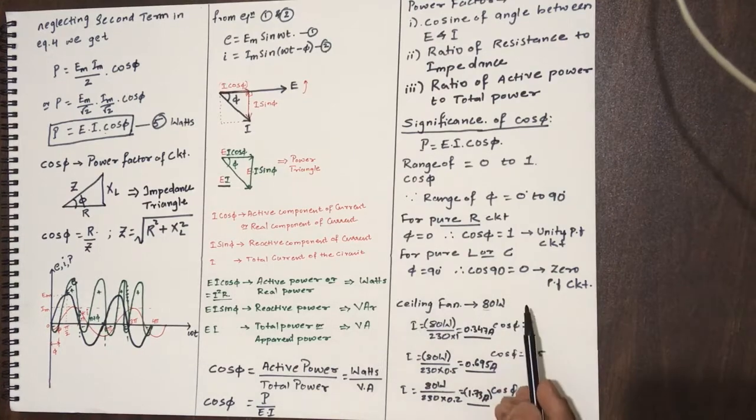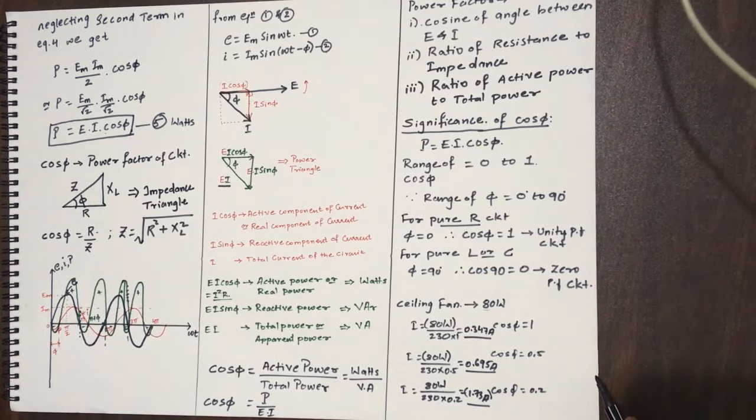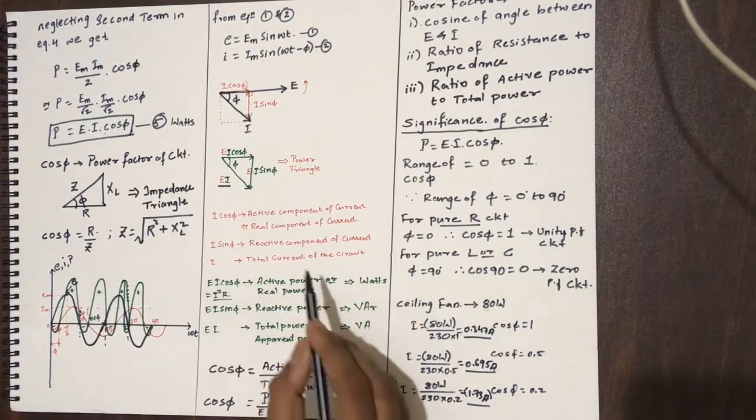So this is the analysis of the RL series circuit. Hope this lecture has helped you in understanding the nature of the RL circuit when connected to an alternating current source, what power factor is, and what the significance of power factor is. Also the various phase relations between the voltage and current, and the various powers existing in an alternating current system. These powers collectively exist in the same system.